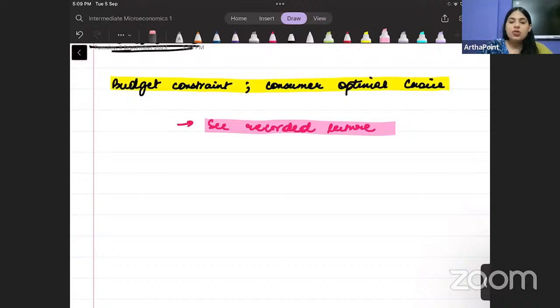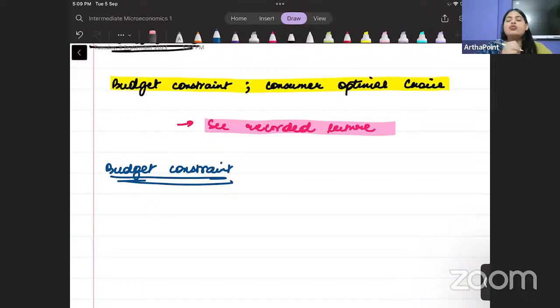Okay. So now, let's start with budget constraint. Now think about this. Any consumer cannot consume more than his income. That is certain. If I am earning 40 rupees, of course, I can take a loan, which I will think about later.